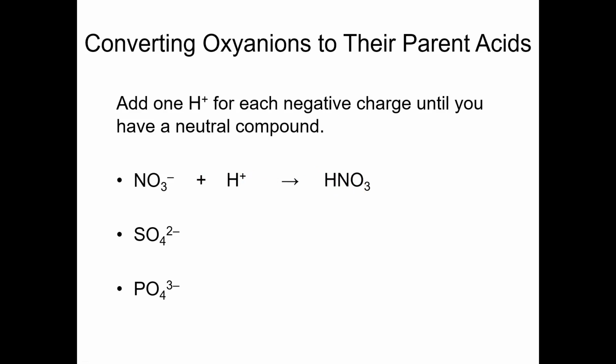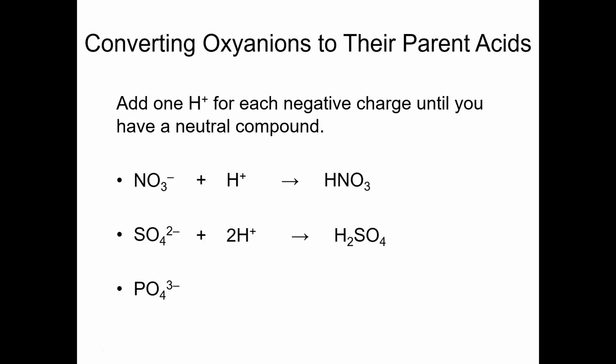Because sulfate has a charge of -2, I have to add two hydrogens to get to a neutral compound there. And so the formula of the acid that sulfate comes from is going to be H2SO4, because I need to add two hydrogens to cancel out the 2- charge.